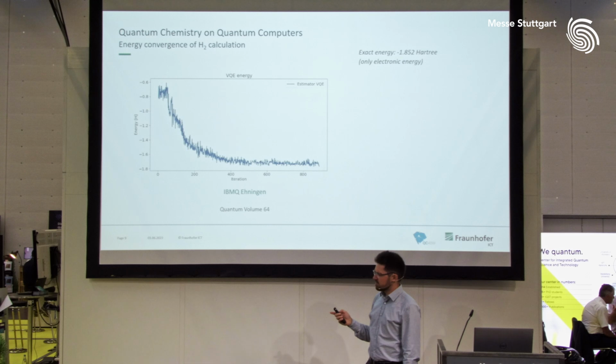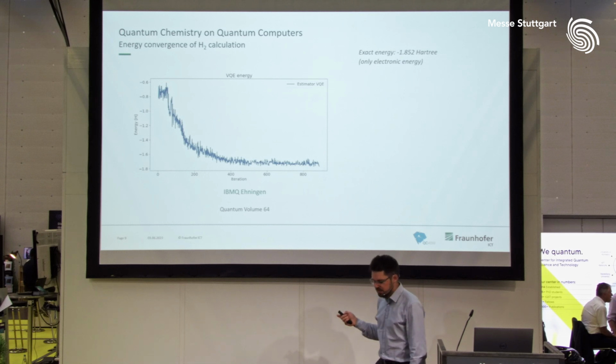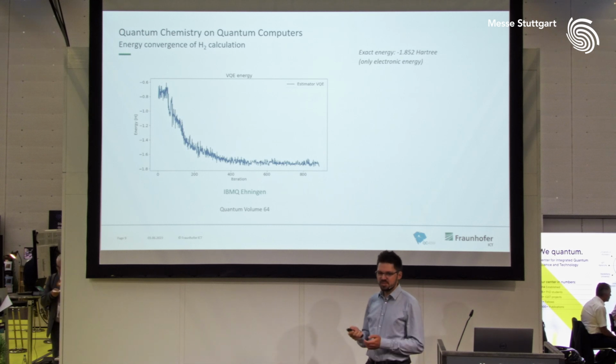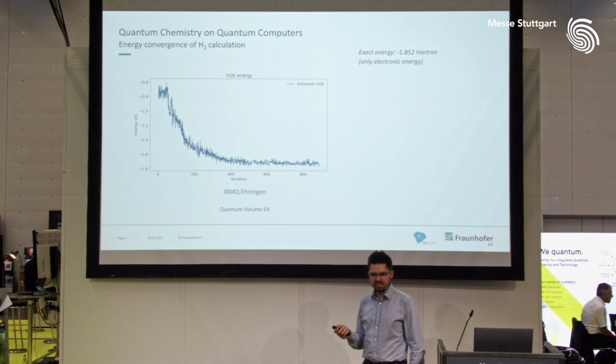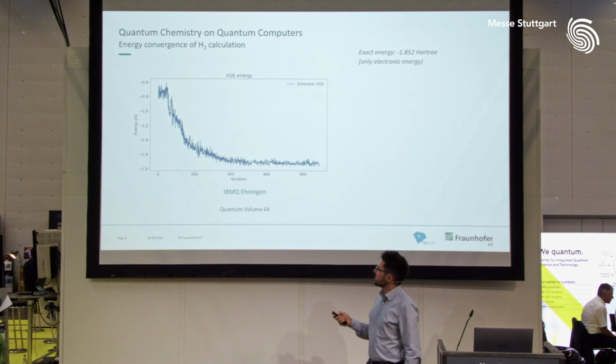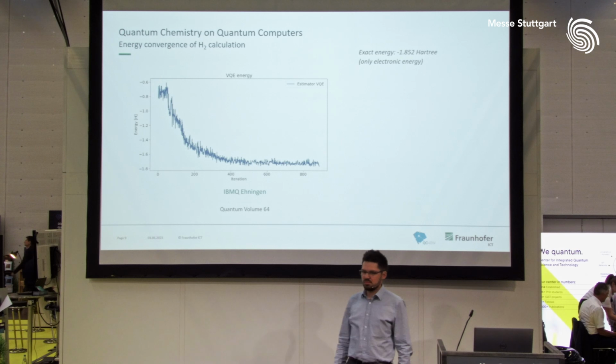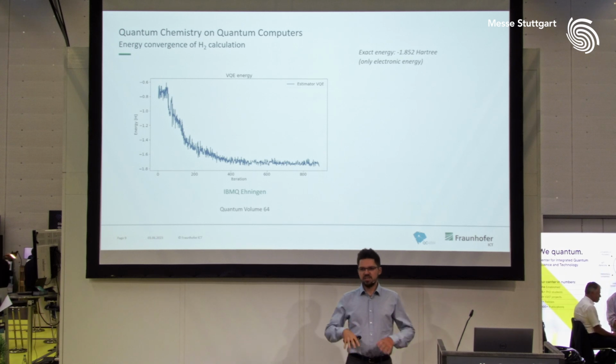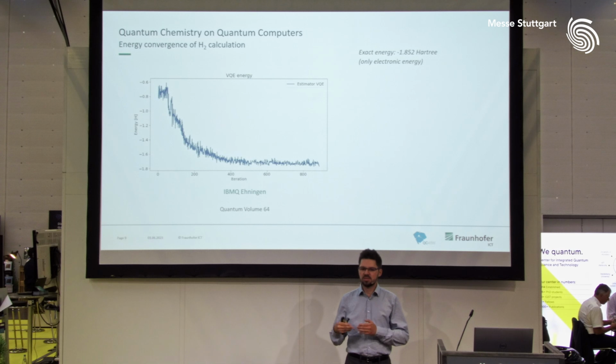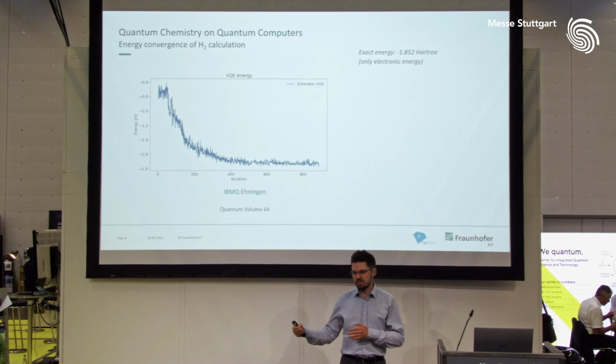This is for a very small system, the hydrogen molecule. So pretty much the smallest chemistry system you can imagine. And even for that system, we don't even reach the exact energy which we want. So even in this small case, it's not possible to get straight the exact ground state energy.